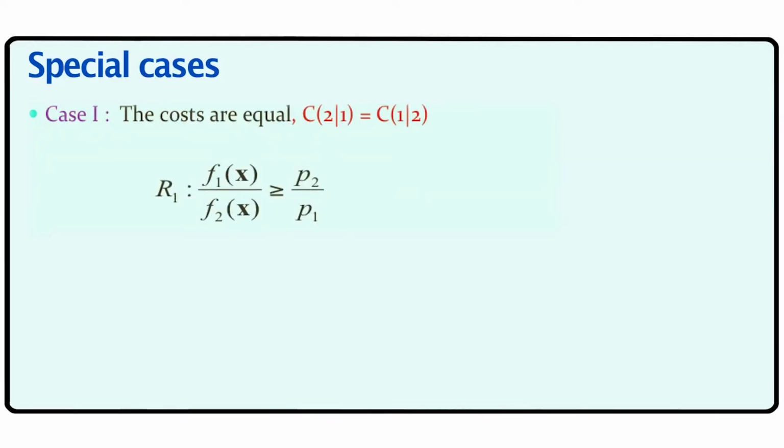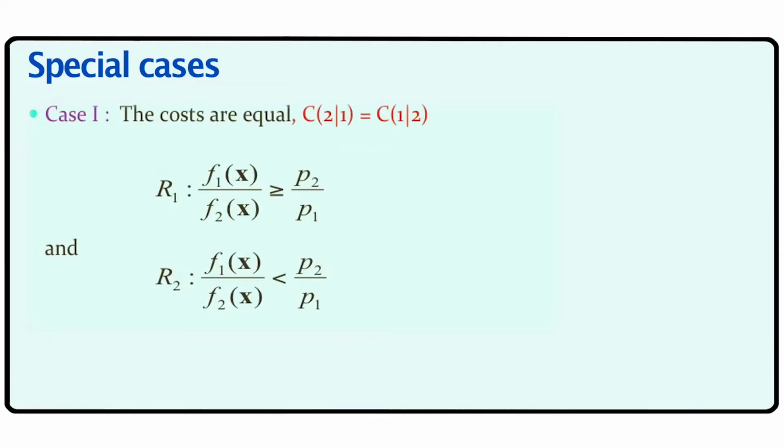Some of the special cases here: firstly, the costs may be equal. If C(2|1) equals C(1|2), then the result reduces to f1(x)/f2(x) greater than or equal to p2/p1 being the R1 region, that is, you place the individual into G1, and f1(x)/f2(x) less than p2/p1 being the R2 region, that is, you place the individual in G2.